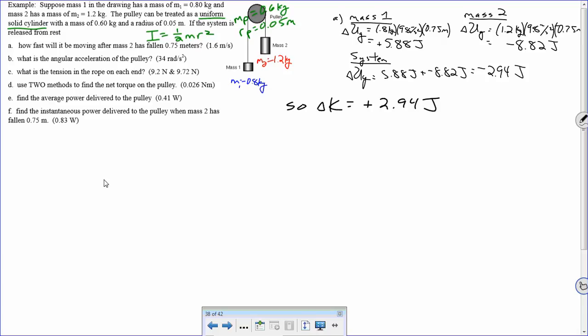So now we need to come up with an expression for the kinetic energy of our system. So, what's our starting kinetic energy? I guess we should probably start there. 0, right? So this really is going to be equal to our final kinetic energy, right? Because we're starting at 0. Okay, so let's see. The kinetic energy of the system is equal to the kinetic energy of mass 1 plus the kinetic energy of mass 2 plus the kinetic energy of the pulley.